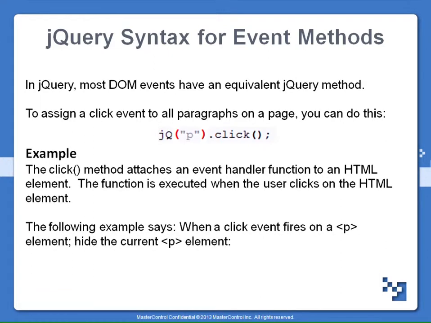Okay, so the event method, or the click method, attaches an event handler. This goes back to what we were talking about before, where in JavaScript, to do this, I have to go to the p tag in the HTML code and put onclick and the name of my function.